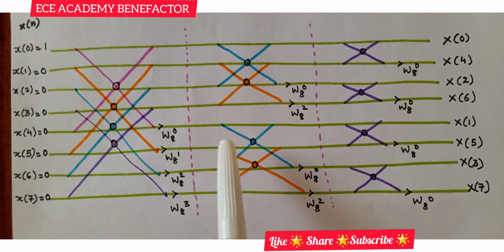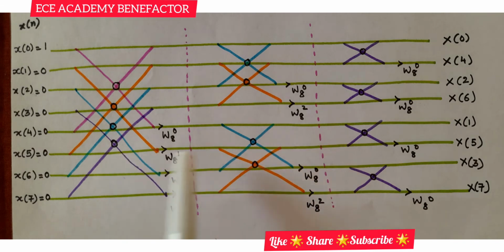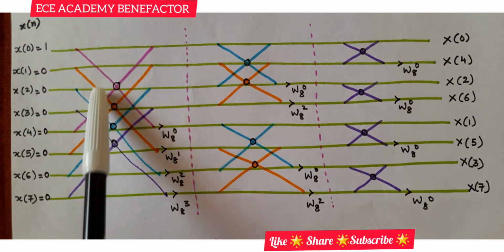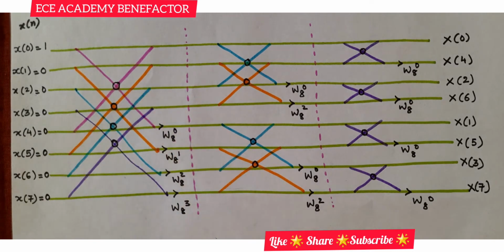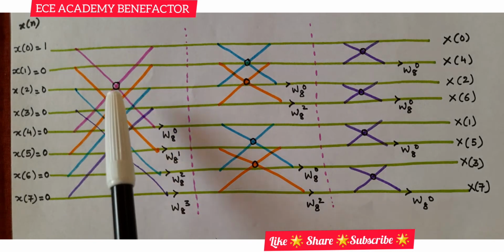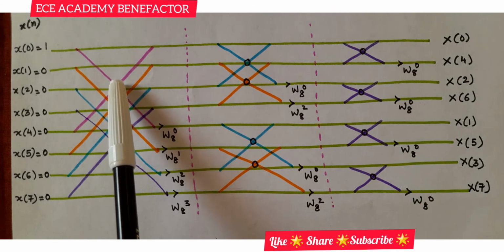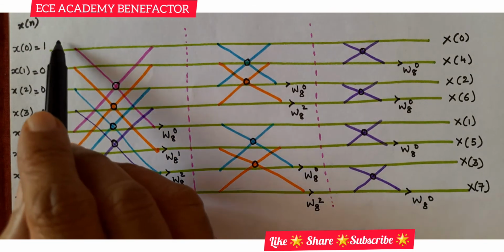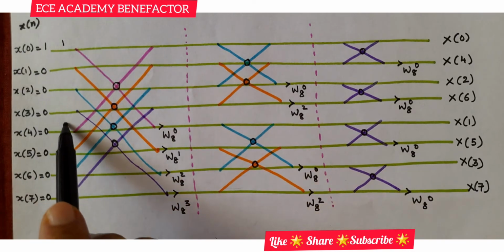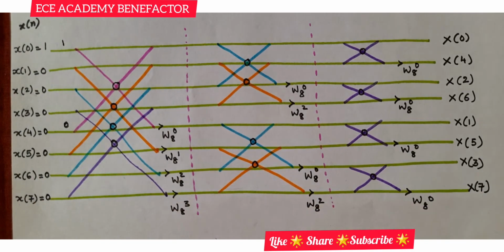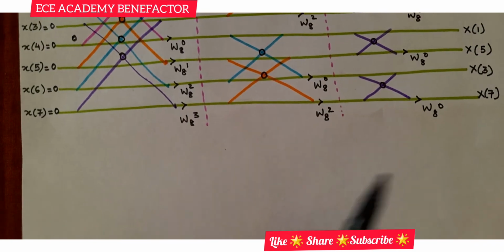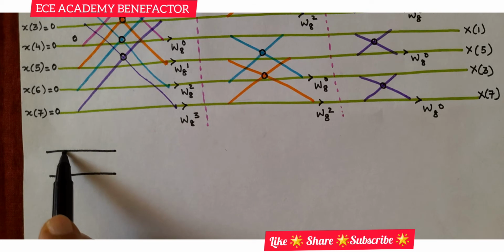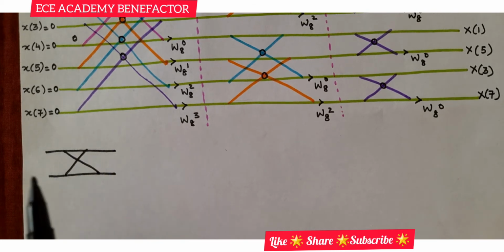Here in this 8 point DIF, we are having 3 stages. In the first stage, it's having one set of butterfly comprising of 4 butterflies. Okay, so the first pink butterfly if you take, what are the inputs for this pink butterfly? Input is 1 and here the input is 0. Okay, for DIF, how to solve the DIF flow graph? So you have to remember what is its output equation.